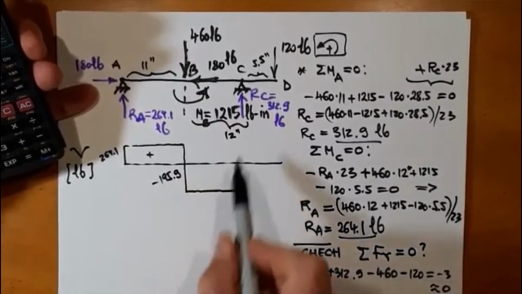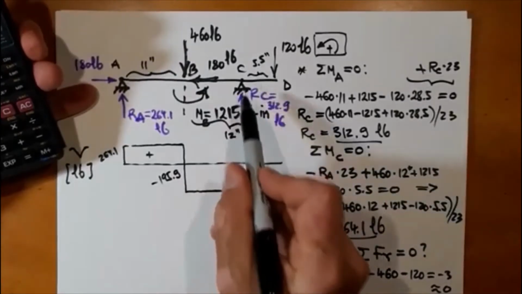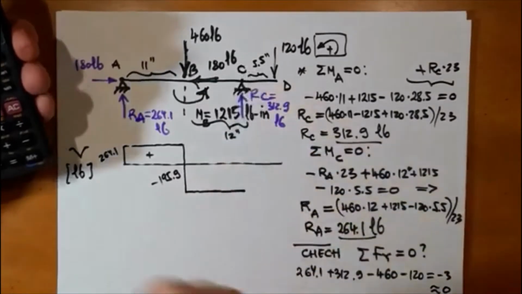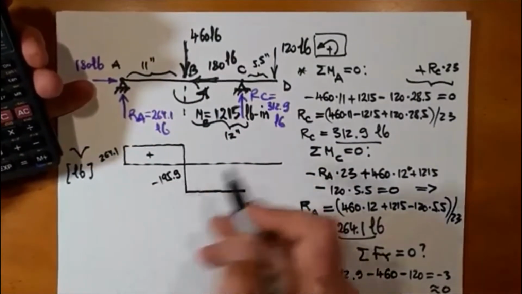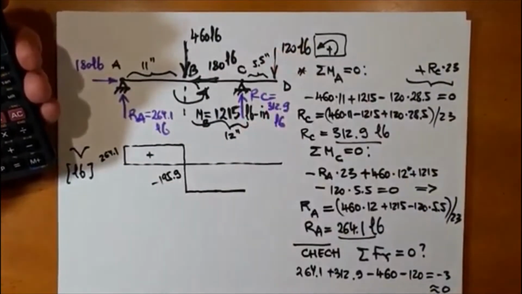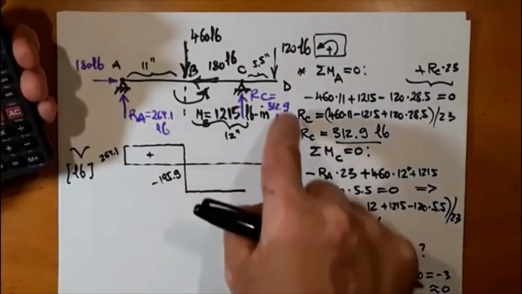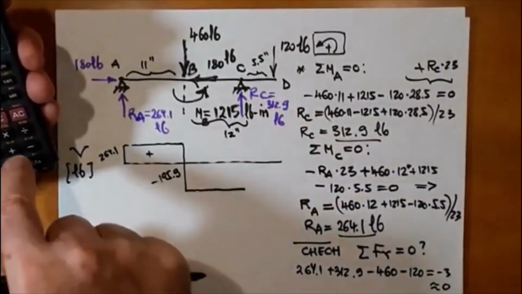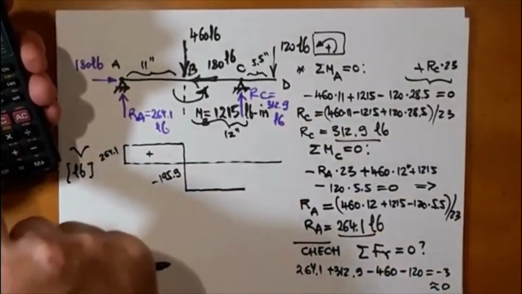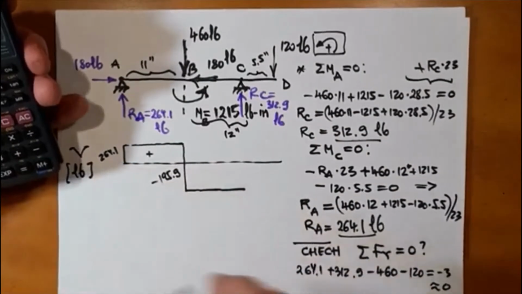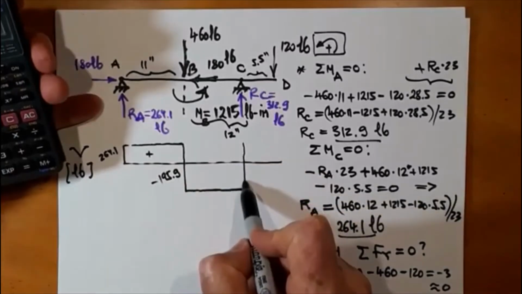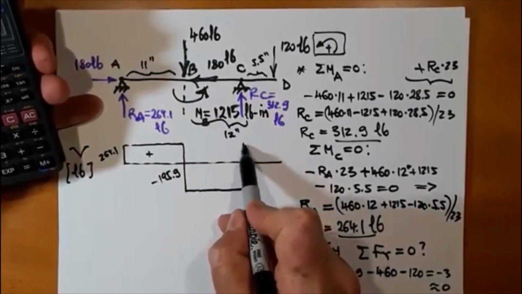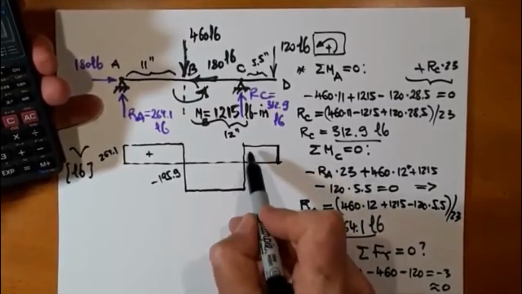Nothing changes until I get to point C, where the negative 195.9 gets changed by positive 312.9, that's 117, and let's assume it closes to 0.